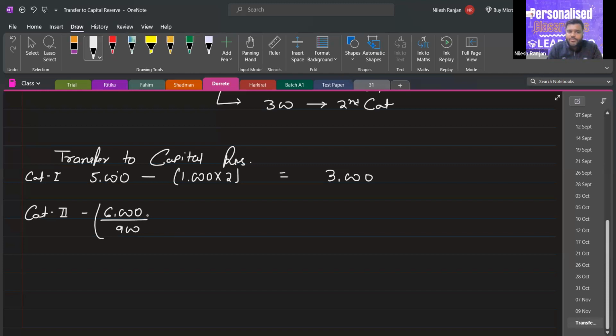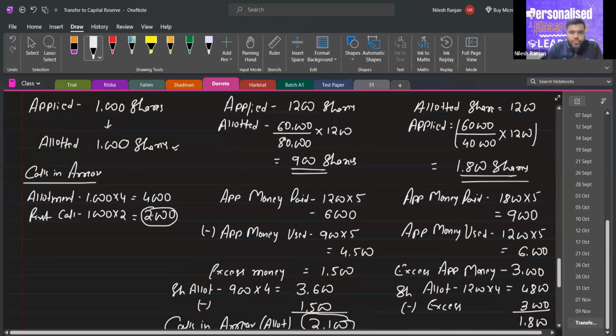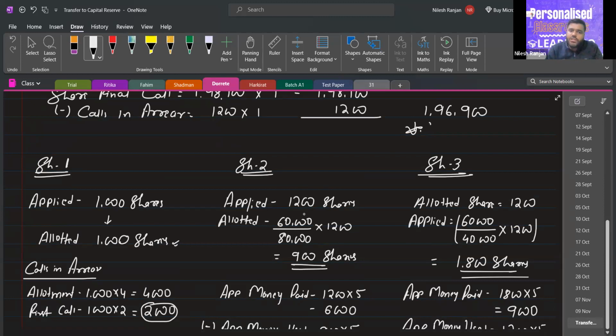How has he paid 6,000, because there is no amount in multiplication of 900? Because he paid on 1200 shares. He applied for 1200 shares and he paid 5 rupees per share. So total 1200 into 5, 6,000.